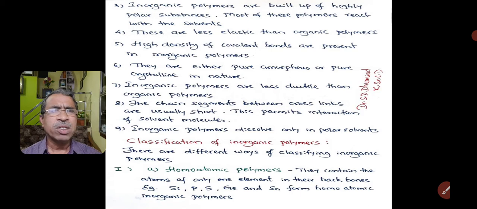The chain segments between cross links are usually short. This permits interaction of solvent molecules. So this is a basic difference between organic and inorganic polymers. Here the cross links are shorter, whereas the cross links are longer in organic polymers, therefore this permits interaction of solvent molecules.